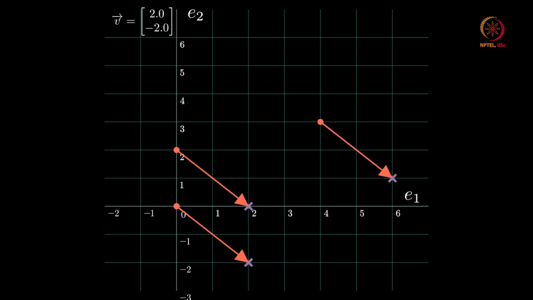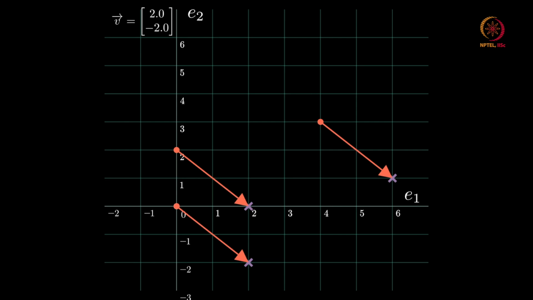So, you see something interesting that happens: 4 3, 6 1. We see that almost all these vectors are parallel to each other. That means irrespective of the location that we have, this vector v, which is 2 minus 2, is the same.